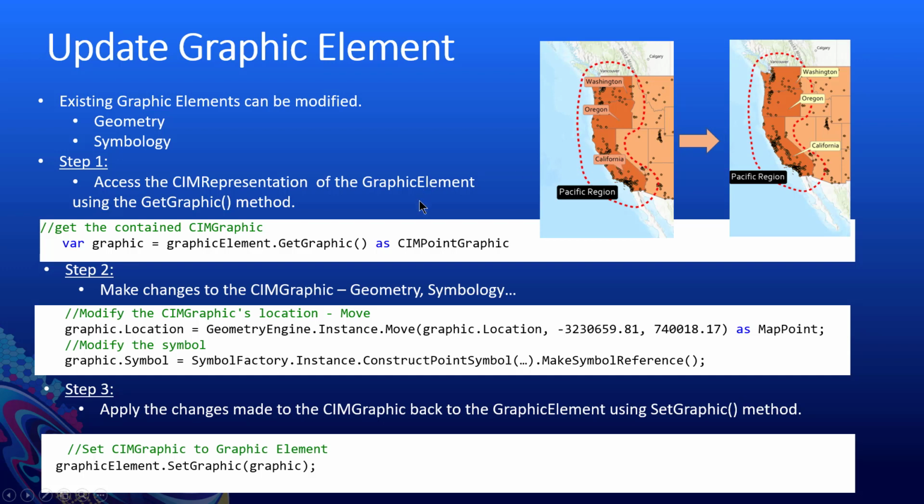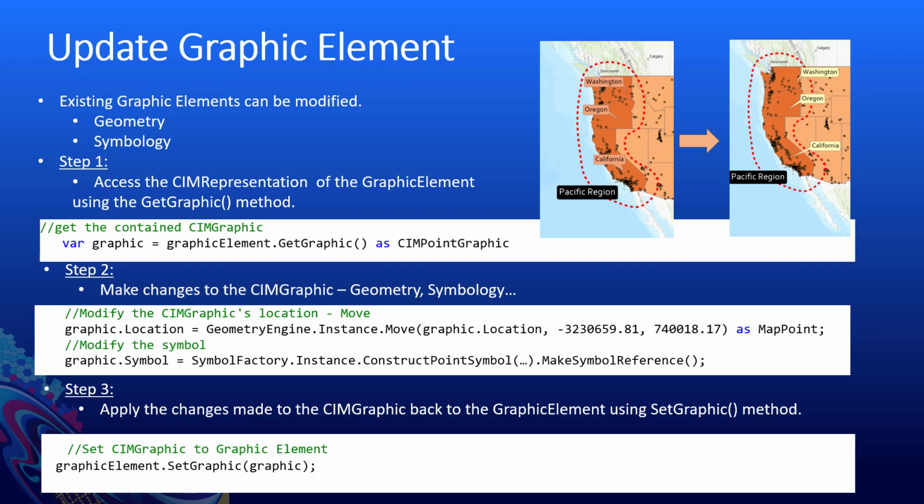This slide illustrates the 3 steps used to modify existing elements. First, retrieve the sim representation of the graphic element using the getGraphic method. The sim graphic allows you to access the element's finer grained properties such as the geometry and the symbology. Next, make changes to the sim graphic. Here in this example, notice how I'm changing the point graphics location to a new location.